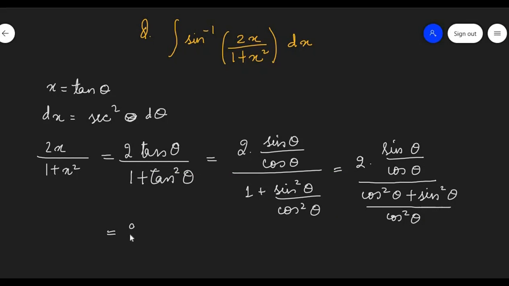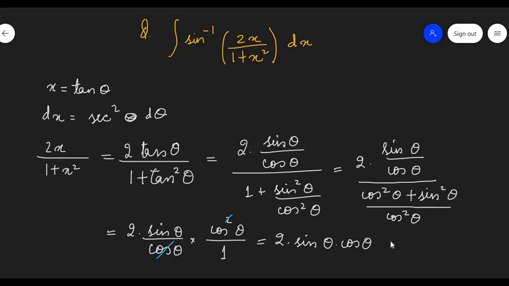So I will get 2 into sine theta by cos theta into cos square theta upon 1. And I can also simplify this cos in denominator and numerator. And finally I'm going to get 2 into sine theta cos theta. This is sine 2 theta.